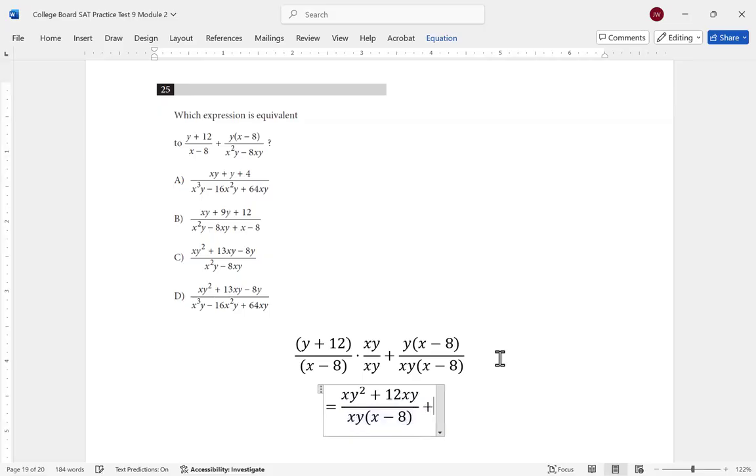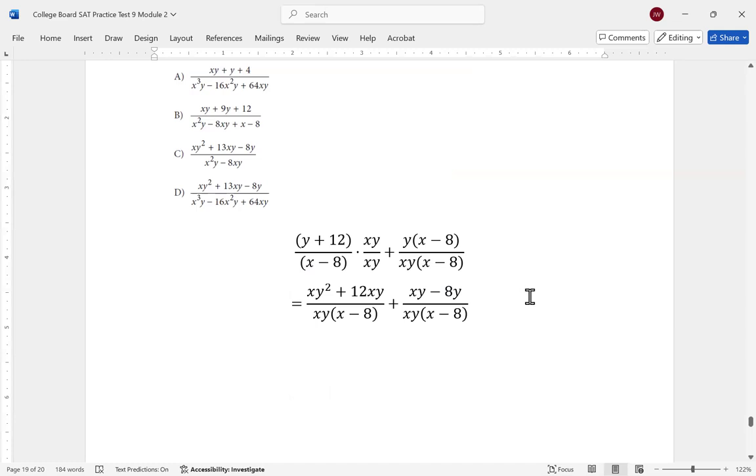And then on the other side, I will also multiply the numerator. y times x and x times y is the same, so I'll call that xy minus 8y, divided by xy times x minus 8.